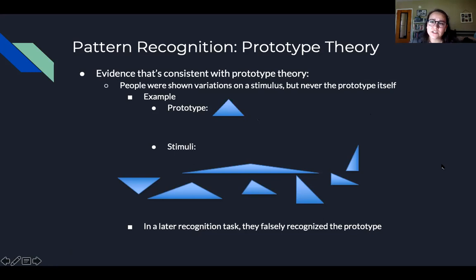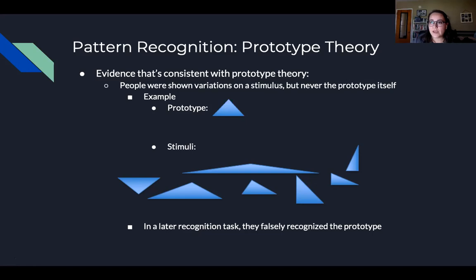Is this an isosceles triangle? I know that there are different names for triangles. Wow, high school geometry was a long time ago. Anyway, they're shown this kind of triangle and told, this is the prototype of triangle. Now we're going to show you some stimuli that may or may not resemble that. And so they show them all of these different versions of triangular-like figures.